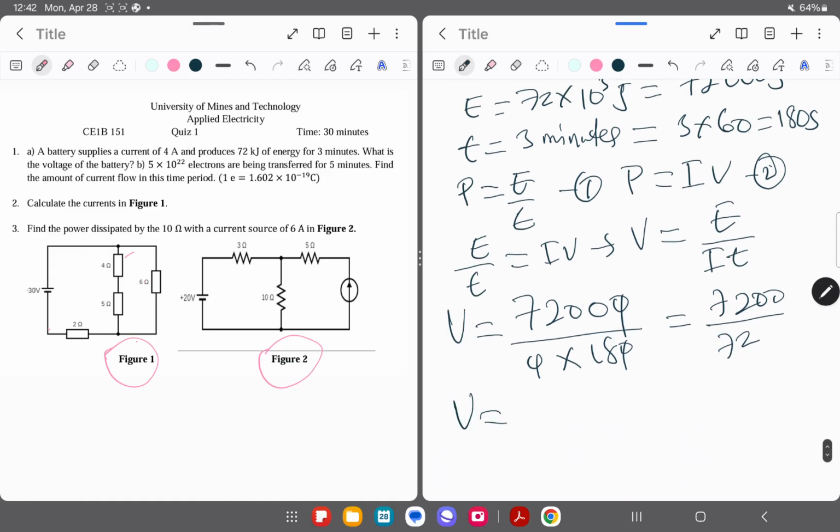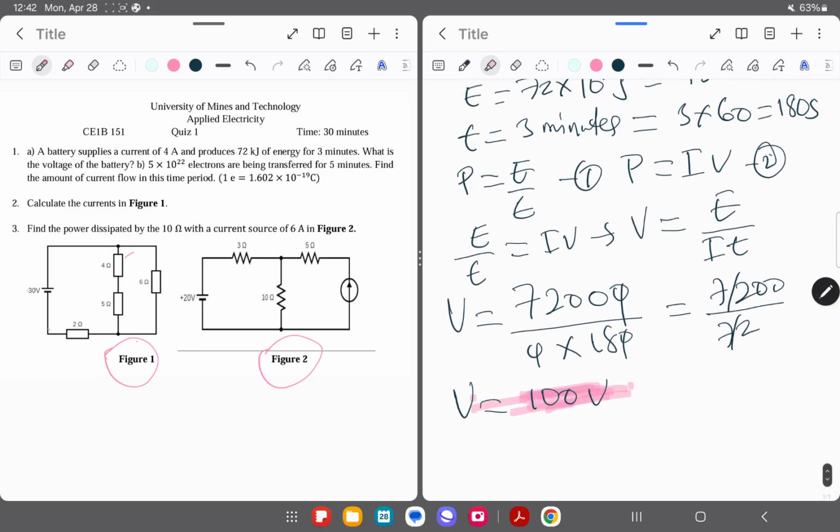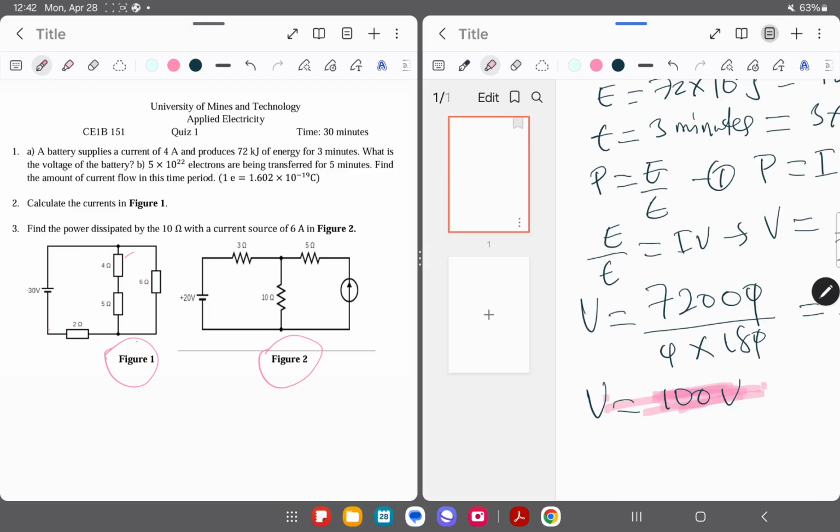That means the voltage is going to be equal to 100 volts. So for question 1a, we've gotten the voltage to be 100 volts. Now let's go for question 1b.